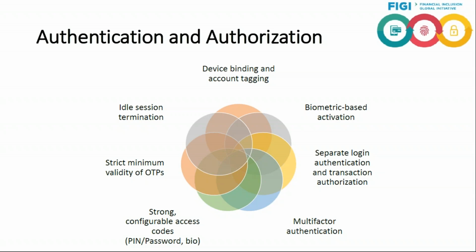Then we have this separate login authentication and transaction authentication mechanism. This means that once you're logged into your app and you are doing a financial transaction, a payment or fund transfer above a certain threshold, maybe above $1,500, you would again be required to authorize the transaction by entering maybe an OTP or by authenticating the app through your biometric.